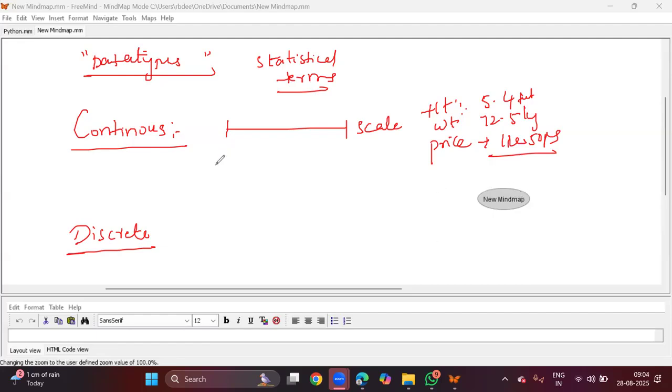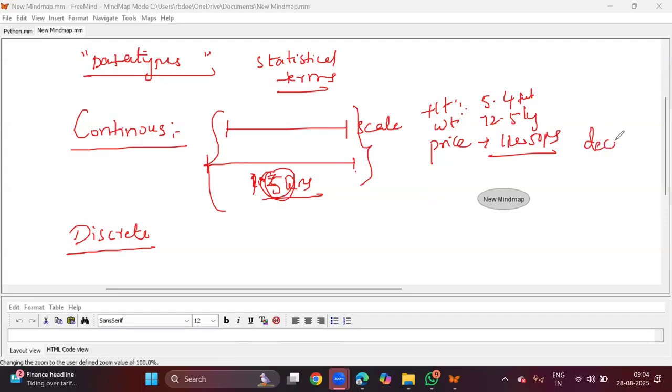So when I say the distance from home to office is 1.5 kilometers, it means that this 0.5 kilometer is also accepted, right? Because of this 0.5 kilometers, there may be a traffic jam and we may reach office late. So this is something you are measuring on a scale, and decimal values are important.